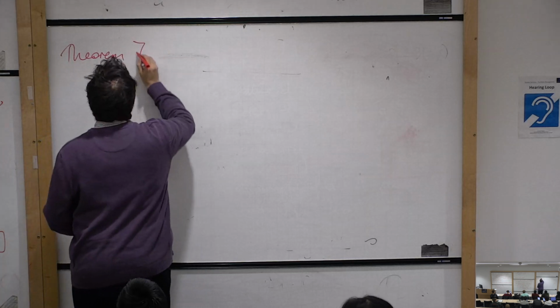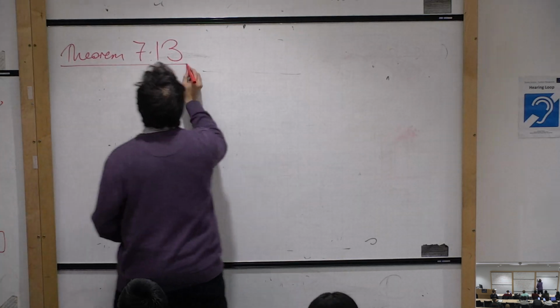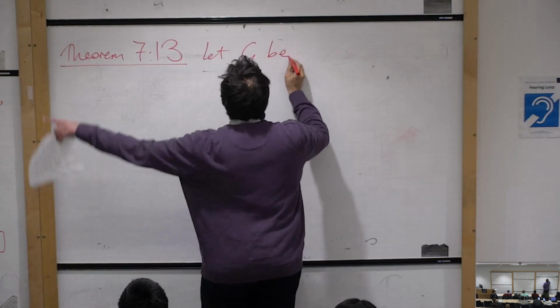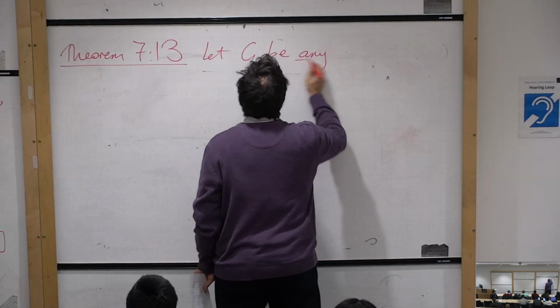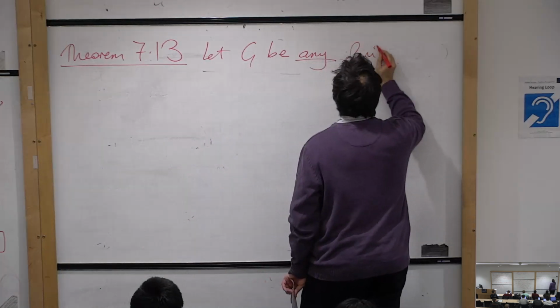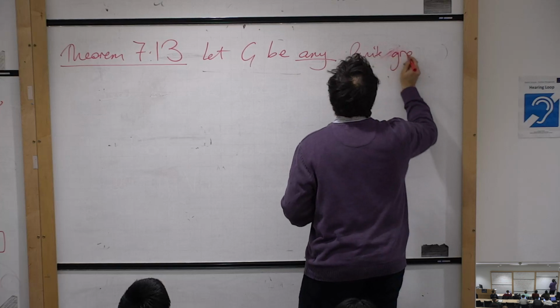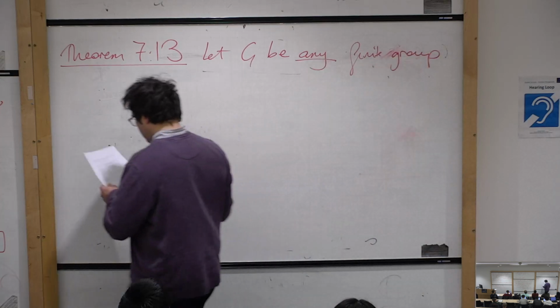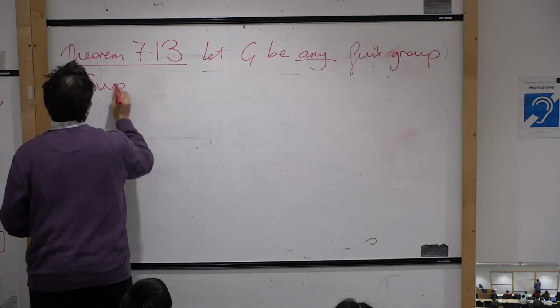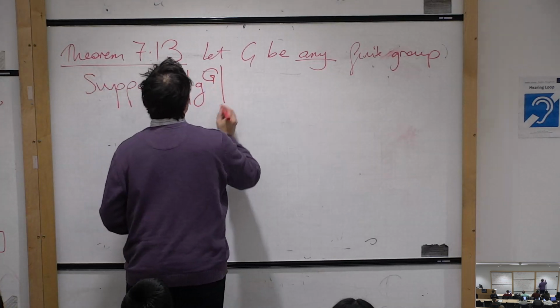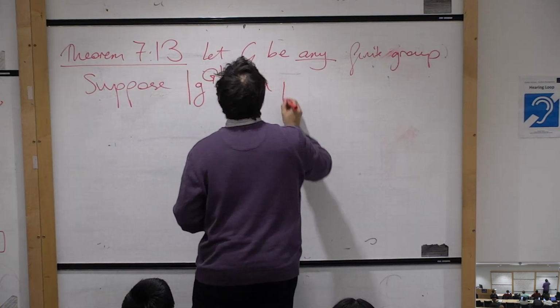Theorem 13. Let G be a simple finite group. Suppose the size of some conjugacy class is a power of a prime.